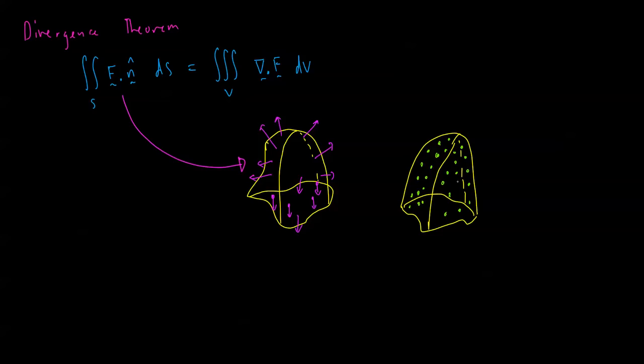These will be numbers, and they'll depend on what position of x, y, z we are. If we calculate the divergence at each point and sum it over the whole volume, so this is not just on the surface, these are on the surface, these are inside, then these two things are equal.